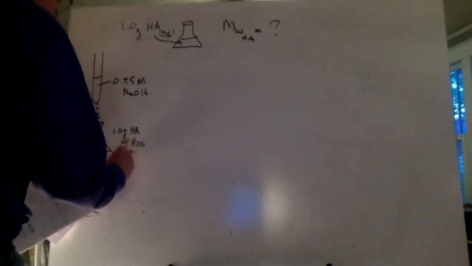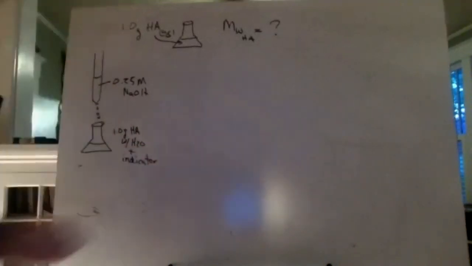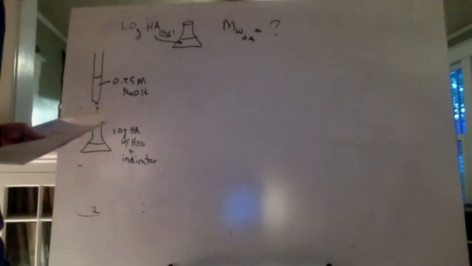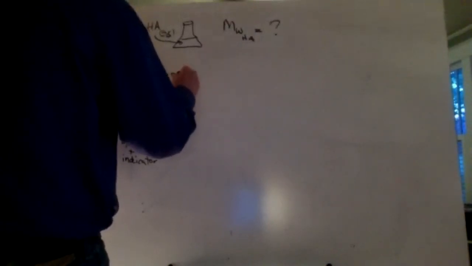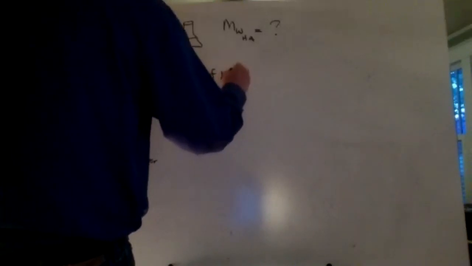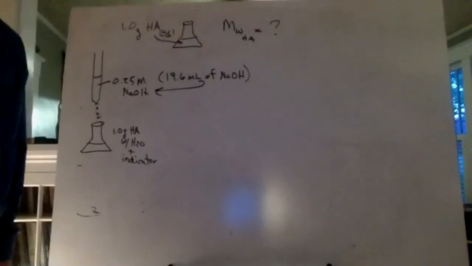And we also have an indicator in there, an acid-base indicator, like the phenolphthalein that we used for our acid-base lab a few weeks ago. And it is found that 19.6 milliliters of the NaOH was required to hit the endpoint for the color change.